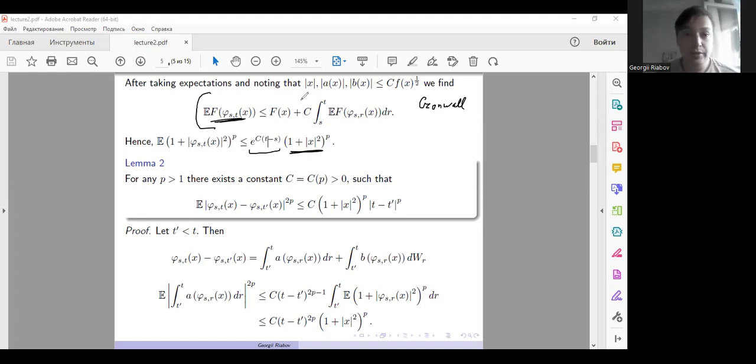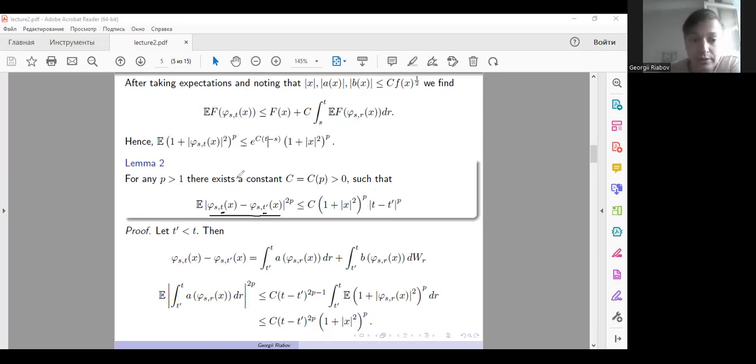Now let's apply this result to get another estimate. Lemma 2 states that for any constant p bigger than 1, the increment of the process phi in the variable t is estimated by a constant times (1 plus x squared) to the power p and times the increment of t to the power p.